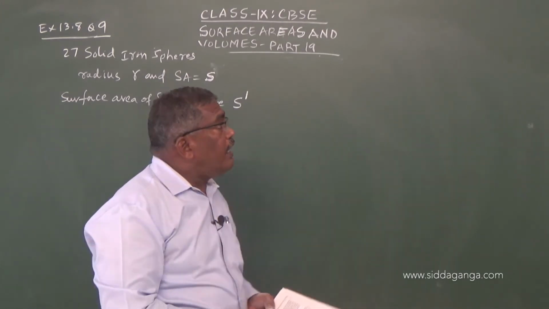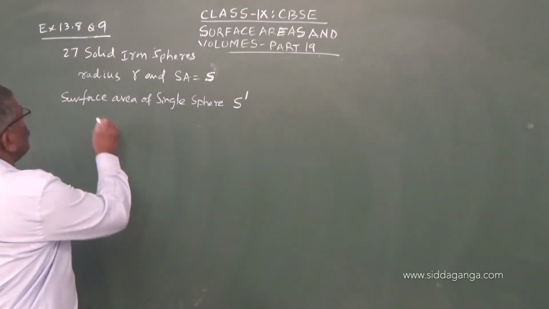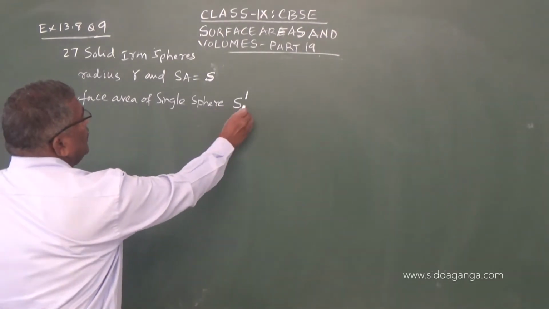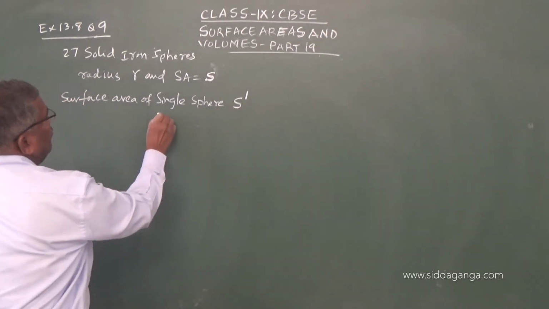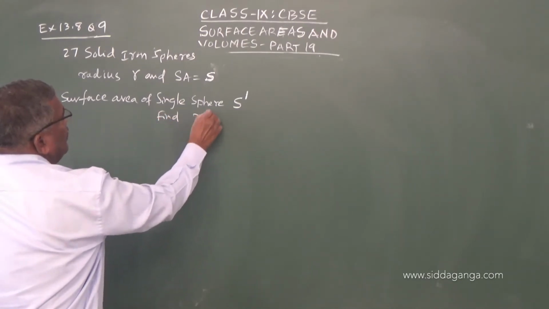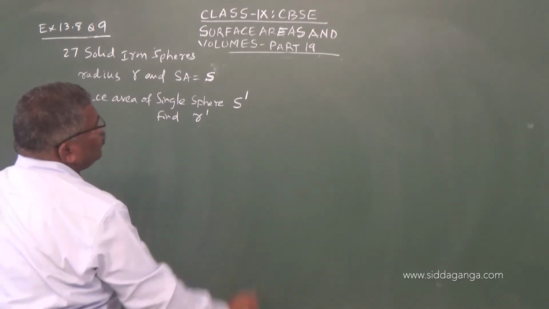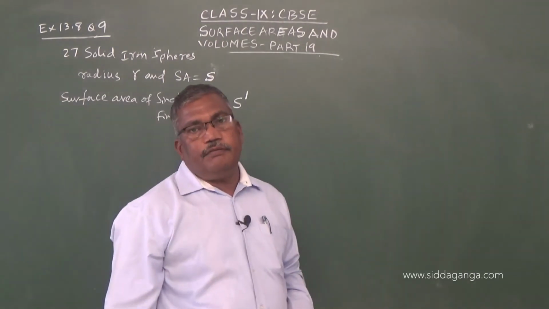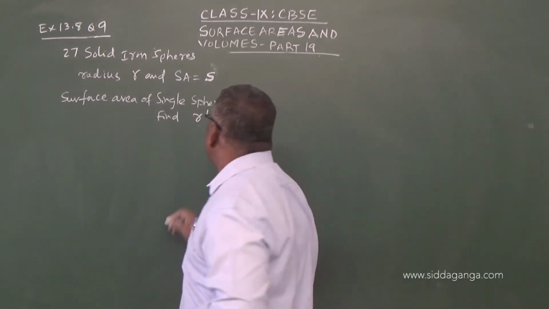Find the radius R dash. So surface area of sphere is S dash. Find R dash, that means radius of the new sphere we have to find out. So this is the question.